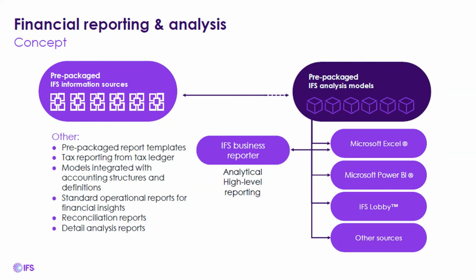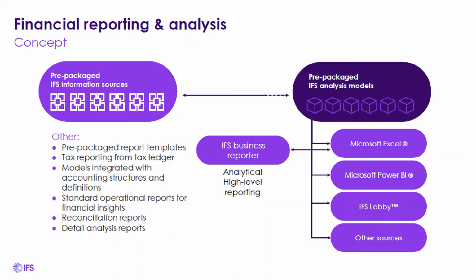Financial reporting and analysis. We have multiple ways of reporting in IFS. We can create quick reports. A quick report is nothing but a SQL report from which we can directly take the extract to Excel. We also have the Power BI tool where we can get the data from IFS and see the output in Power BI.